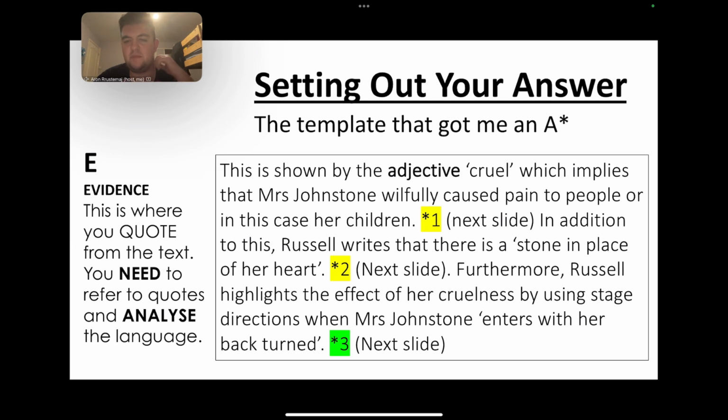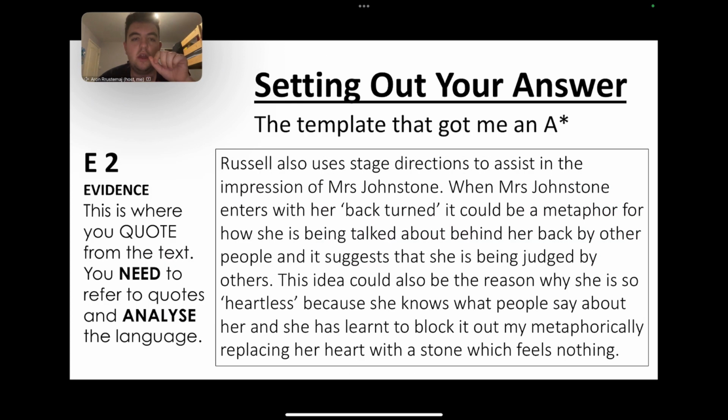And then this part here where it talks about Mrs. Johnston's back being turned to us. Again, we can write about stage directions because they support the impression. When Mrs. Johnston enters with her back turned, it's a metaphor for how she's being talked about and how she's being judged. And then again, we link that, because you can always link points. I found that in English Lit, you can always link points.